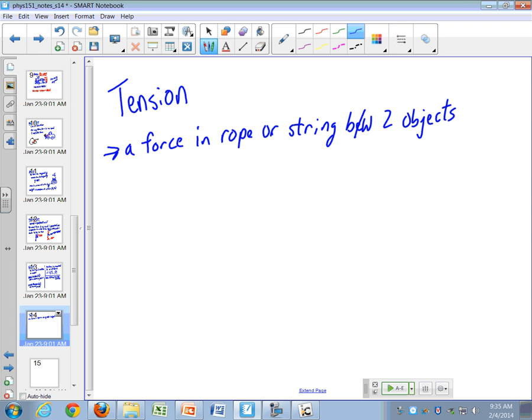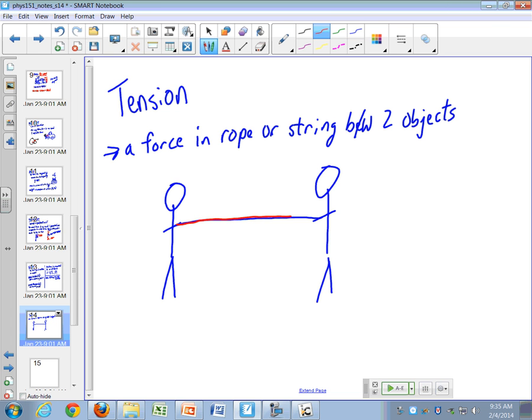One point, though, I do want to make is that let's say that I have a tug of war, and I have a rope between these two guys. I'm pulling with a force over here of 100 newtons, and this guy is pulling over here with a force of 100 newtons.